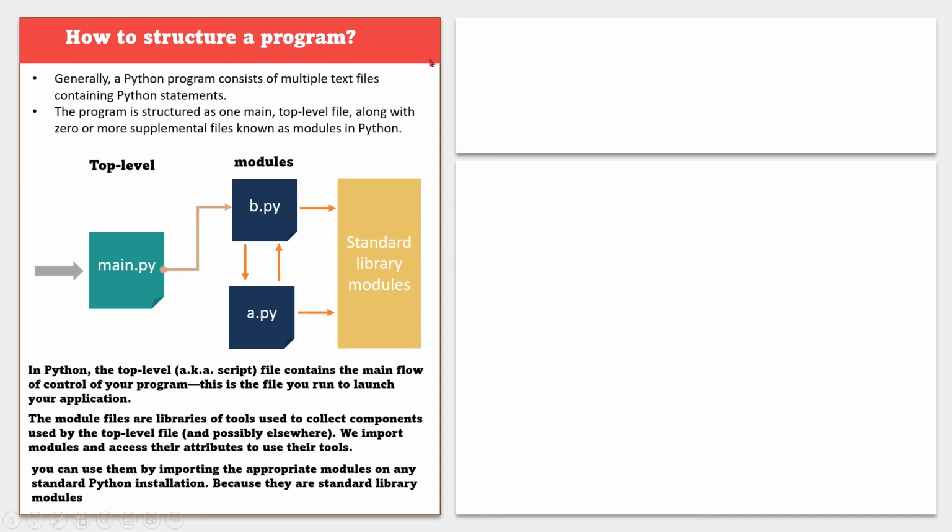So to run this whole program, which file is required? Only one file is required, main.py. Main.py, and manage.py in our application. So with one main file, which is the top level file, we are able to run an application.